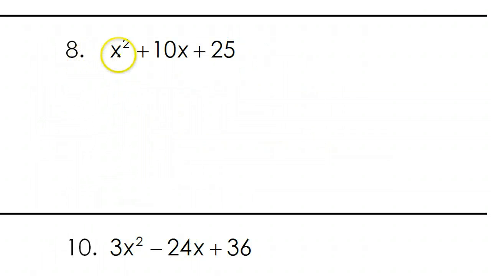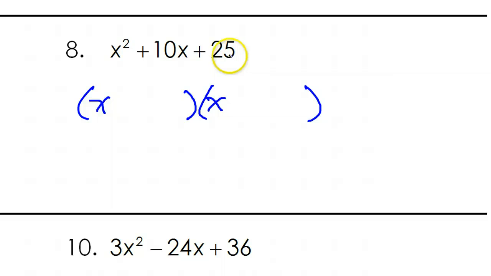All right, I'm getting a little tired of all these easy problems. I want something more challenging already. So we'll have to do x times x will make x squared. 25 is probably 5 times 5, right? Could be 1 times 25, but let's go with this. Inner, we have 5x.